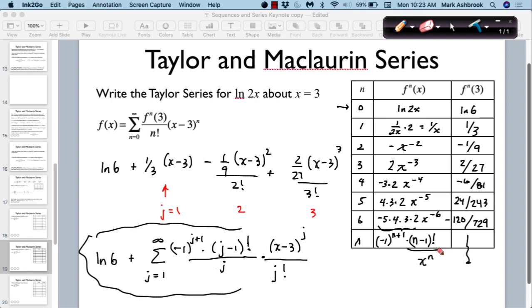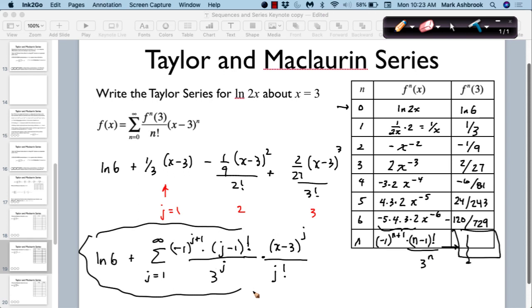Exactly. So the derivatives are what you get when you plug in. So we're plugging in 3 for x, as we would do in this box right here. So this is 3 to the j, and this is j factorial.